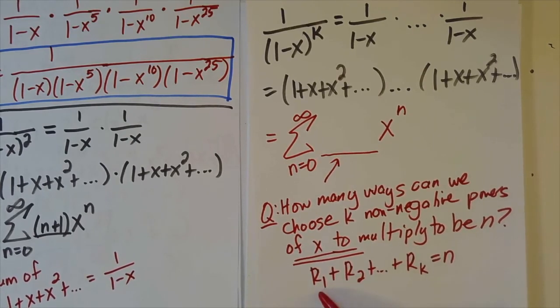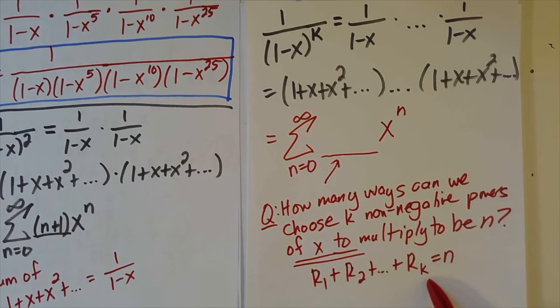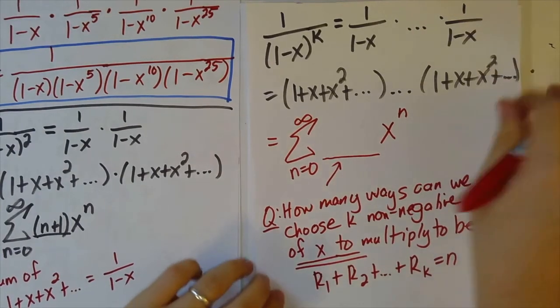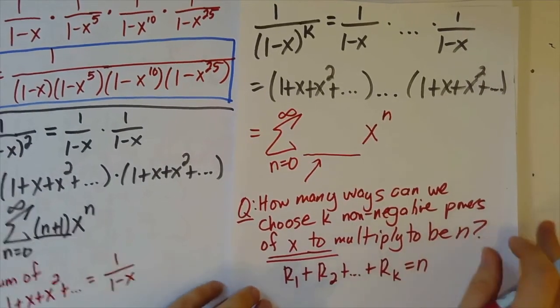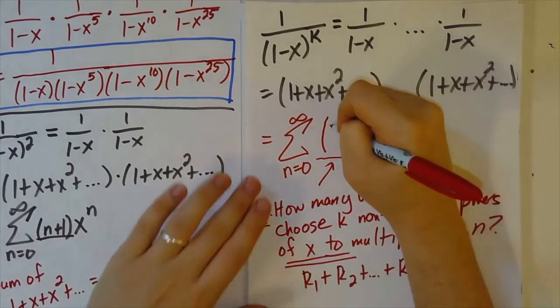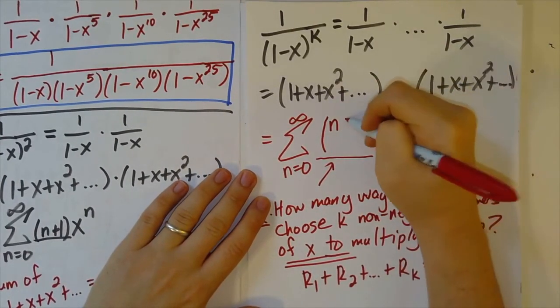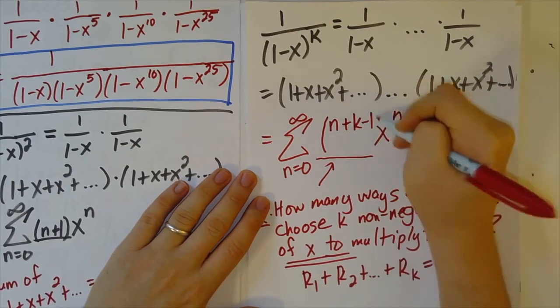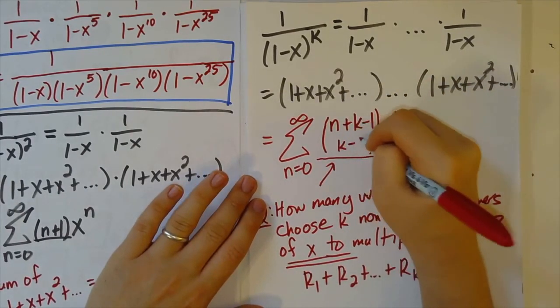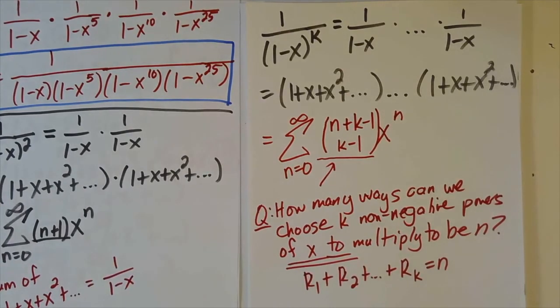And so r1 is the number of candy bars I give to the first child, then the second child, all the way up to the kth child. And so we know the answer to that question. Namely, this is that whole stars and bars business. So I write down the n candy bars and then k minus 1 dividers, and then I choose where the k minus 1 dividers go.